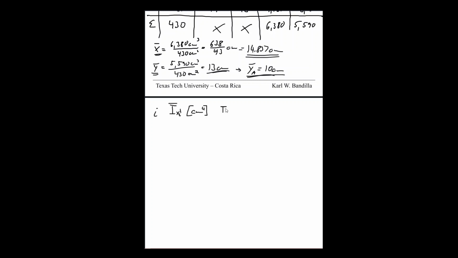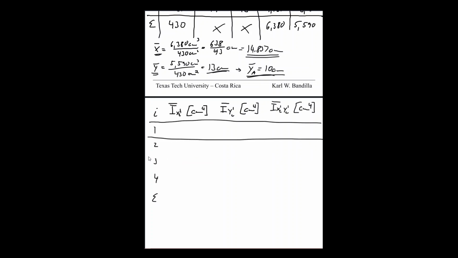We will have I yi prime bar, also centimeter to the fourth. And then we have I xi prime yi prime bar, centimeter to the fourth. 1, 2, 3, 4, and the sum. Oops. Started a little too far over there.